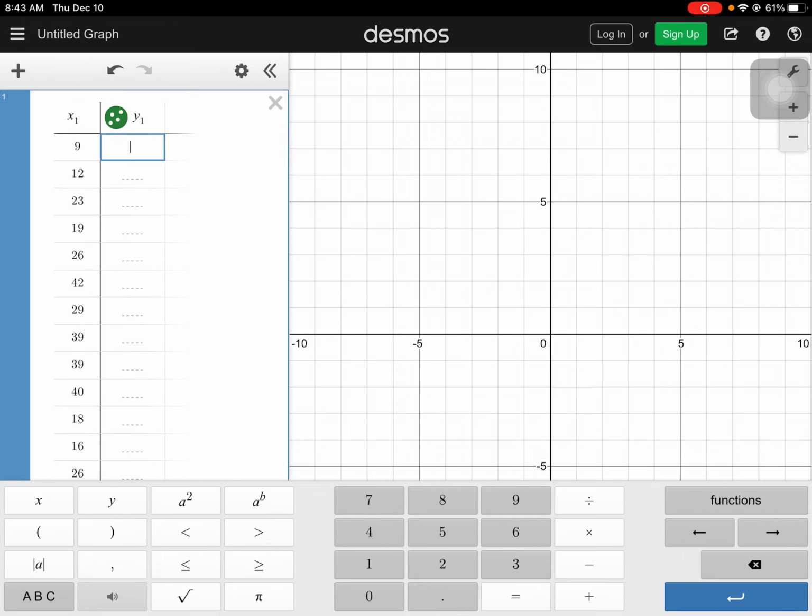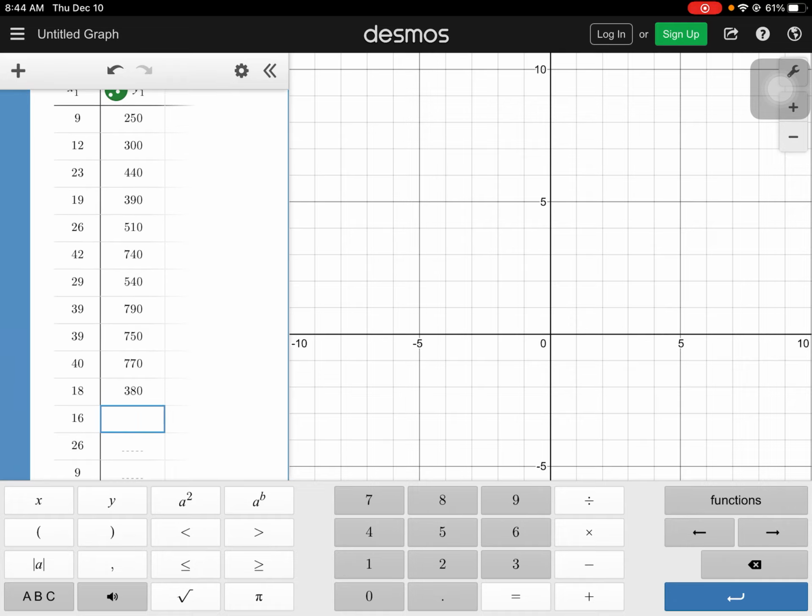Now we have to enter our y's, which are going to be the total calories. So that's 250, 300, 440, 390, 510, 740, 540, 790, 750, 770, 380, 360, and 500, 510, and then 340, and then 270.